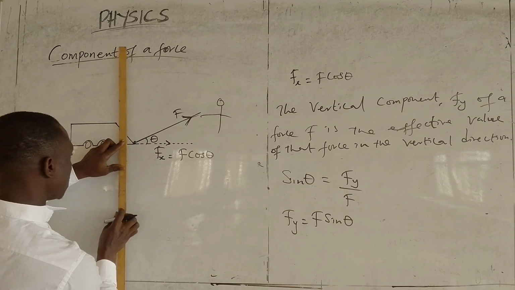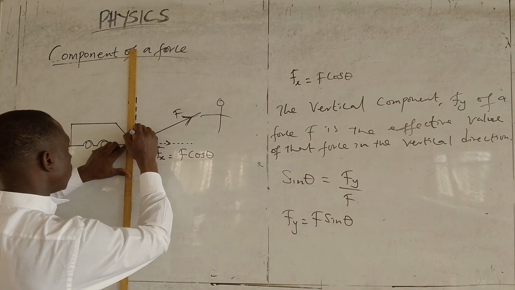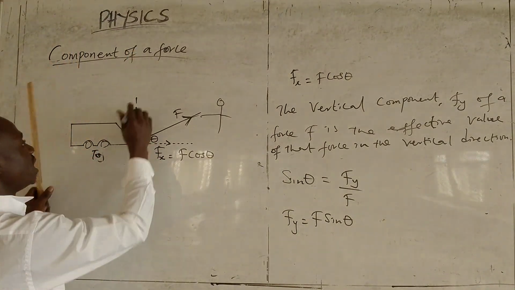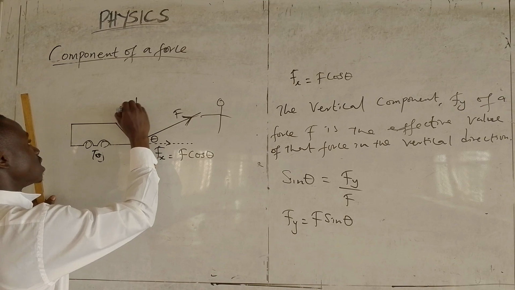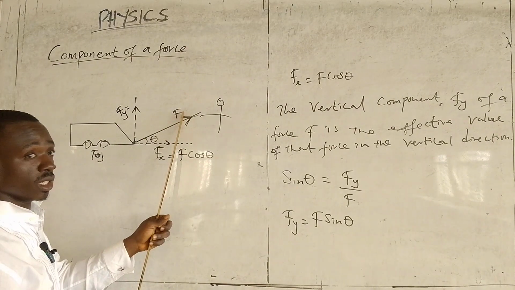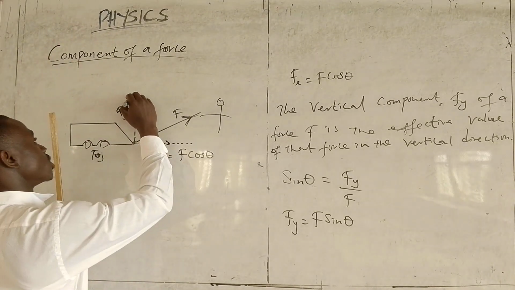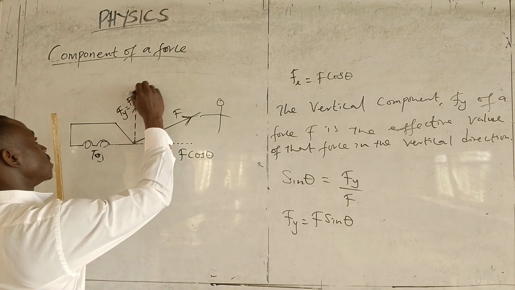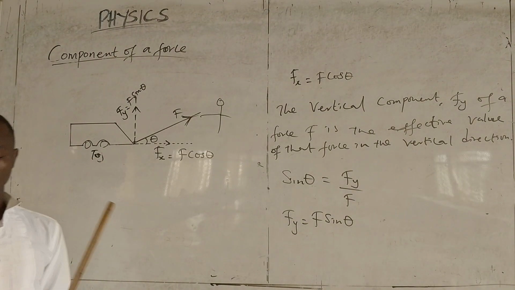The other force that tends to lift the car, to jack it up, is Fy, the vertical component of this force F. That's the effect this force will have in the vertical direction, which is F sine theta. So that is what I mean by horizontal and vertical component.